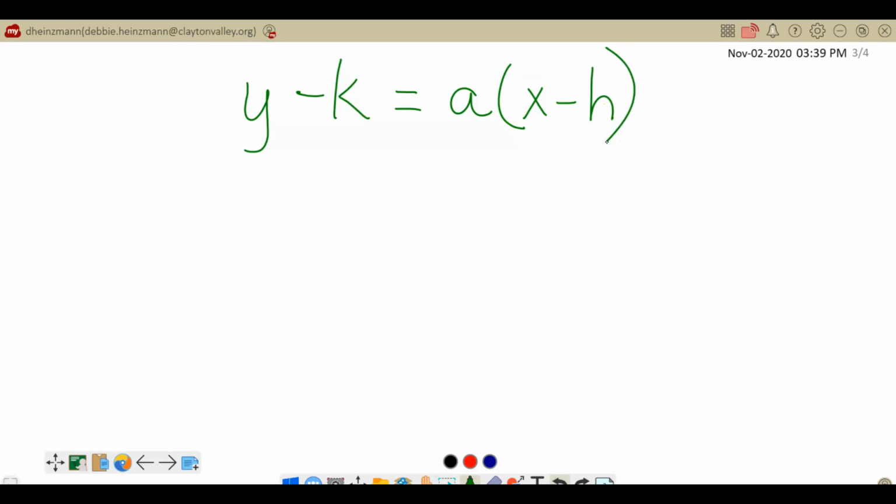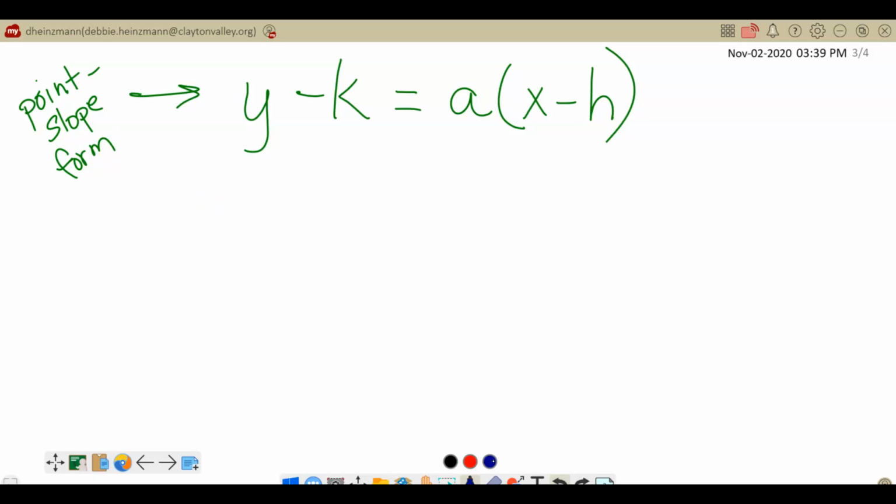Okay? So if we were going to simplify this, remember, this is the point slope form of a line.